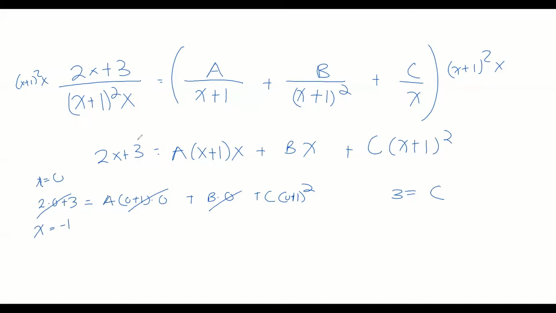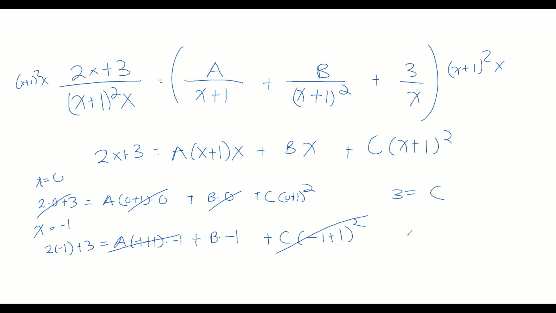I would probably, when doing these problems, make an intermediate step changing this function, but to make things a little bit quicker for us, I'm going to replace this with 3 right there. So now I'm going to plug in -1, and when I do that, I get 2 times -1 plus 3 is equal to a times -1 plus 1 times -1, plus b times -1, plus c times -1 plus 1 squared. -1 plus 1 is 0, so this is going to go away and this is going to go away.